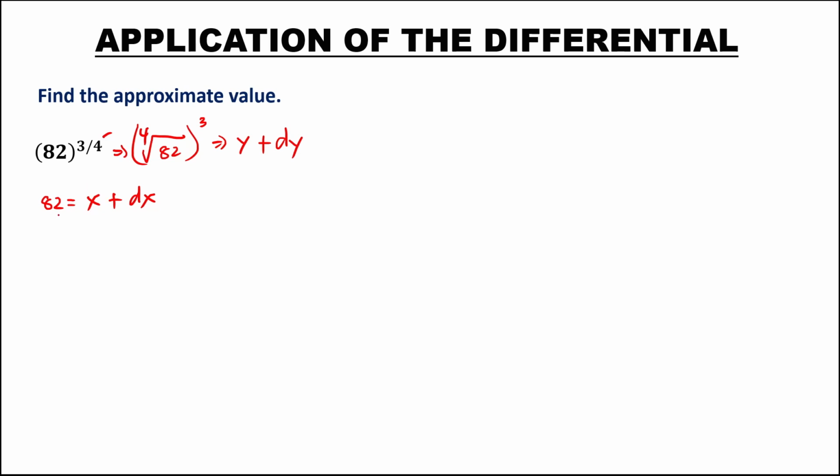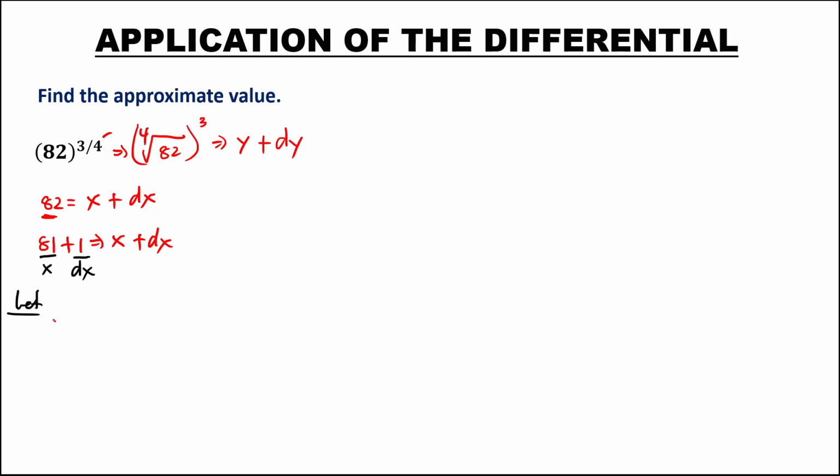We need to find a number closer to 82 with a fourth root, and that's 81 because the fourth root of 81 is 3. So this is 81 plus 1, and that's 82. So we have x plus the dx. Therefore, x is 81 and dx is 1.